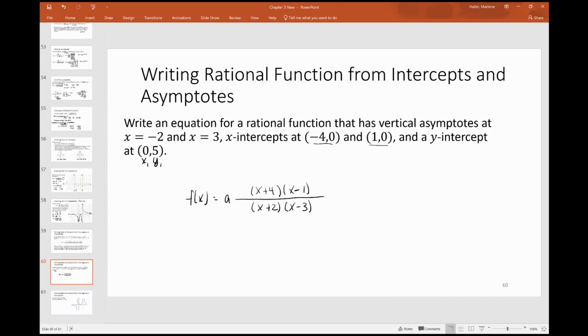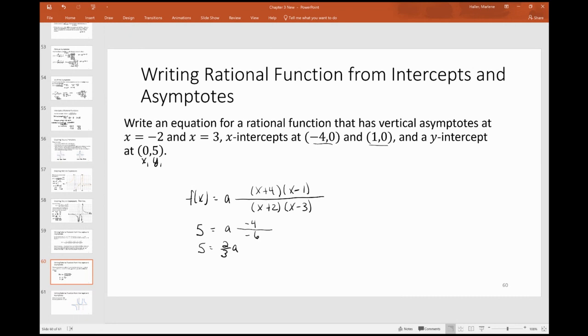So if y is 5, f of x would be 5. So 5 equals a times, and in my numerator, 0 plus 4 is 4. 4 times -1 is -4. 0 plus 2 is 2. 2 times -3 is -6, right? Which, of course, would reduce down to 2/3 a.